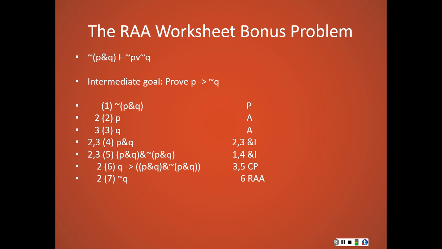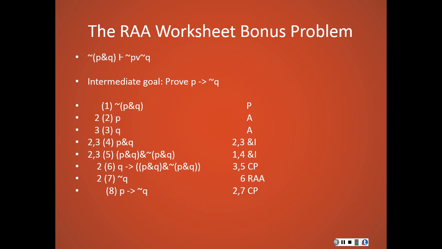Okay, so now that I've got not Q, I've accomplished my subsidiary goal of proving the consequent of my conditional. So now I back up and prove my conditional via conditional proof. Now I've got the conditional that I was trying to prove, so I've accomplished my intermediate goal.